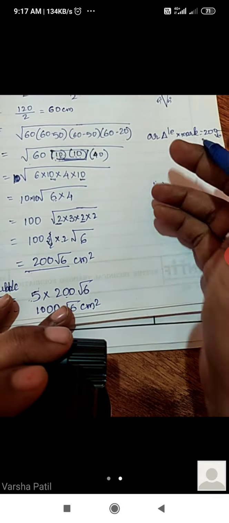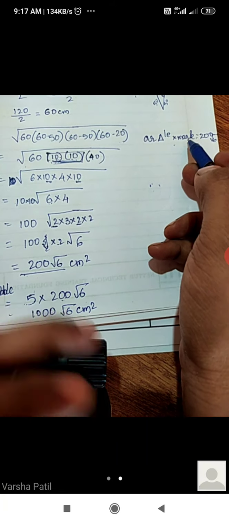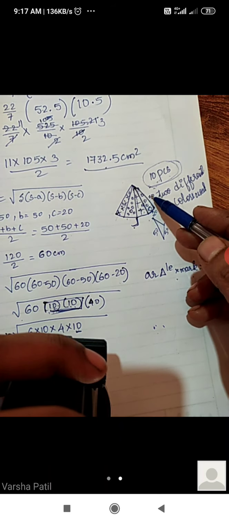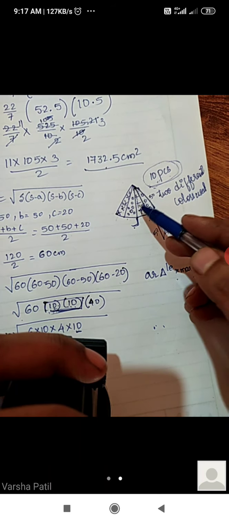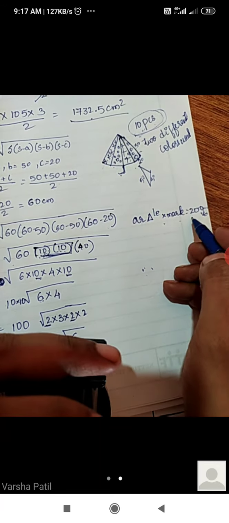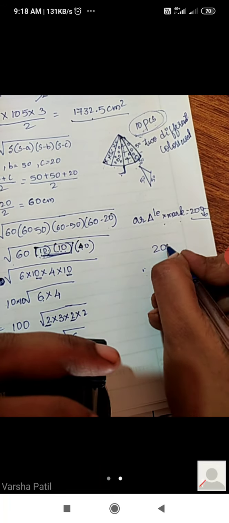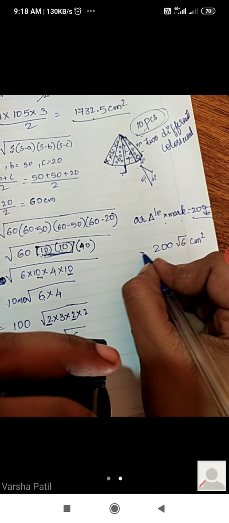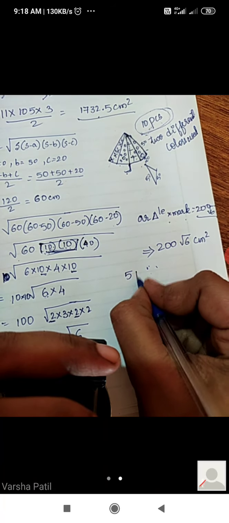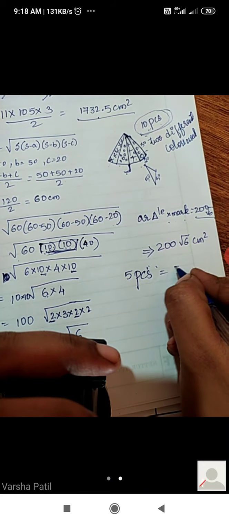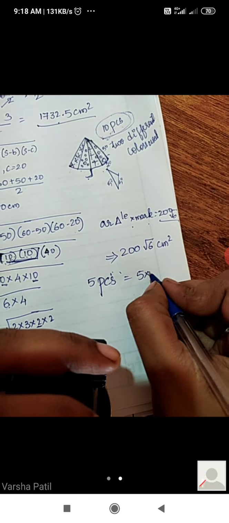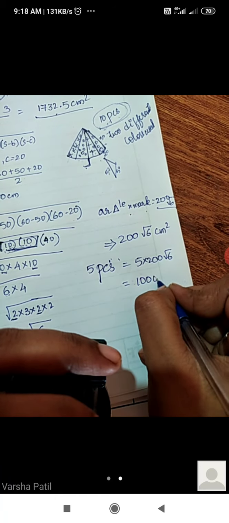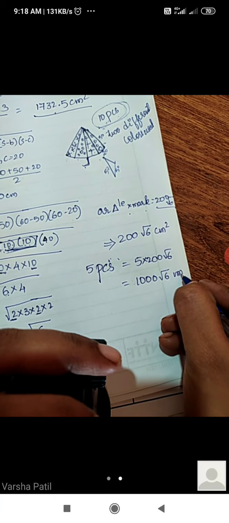And for the X mark, the triangle has the same sides 50, 50, 20, so again the area is 200 root 6, and for 5 pieces it is 5 into 200 root 6, again 1000 root 6 centimeter square.